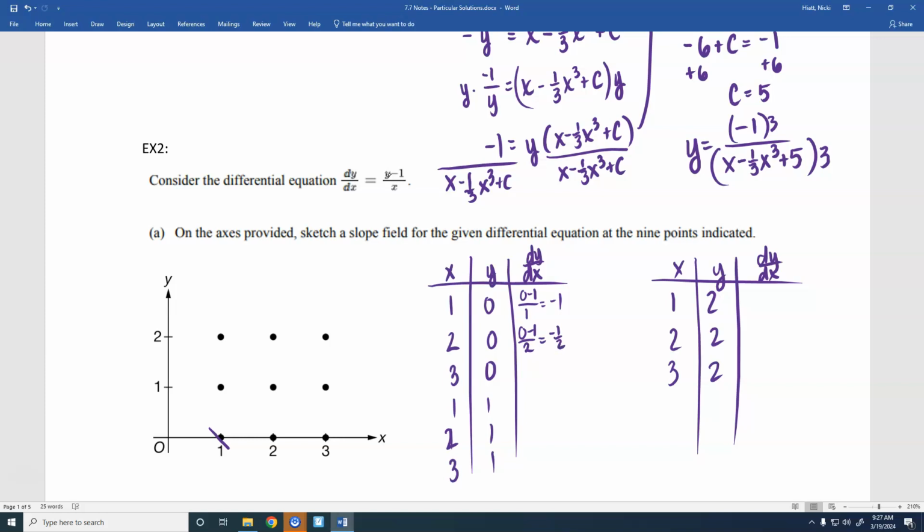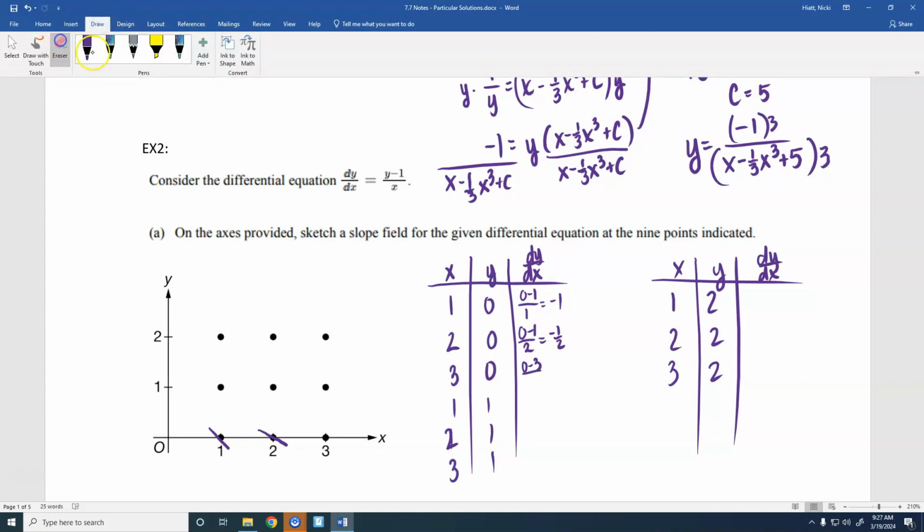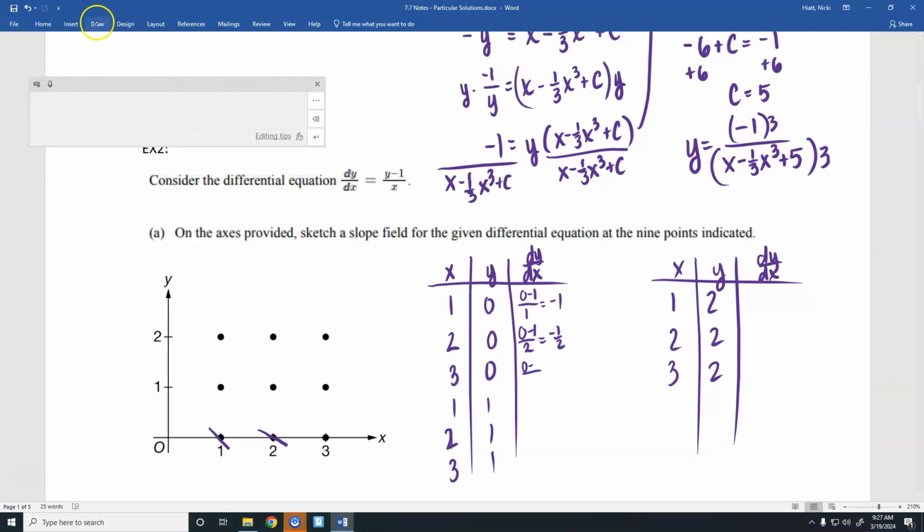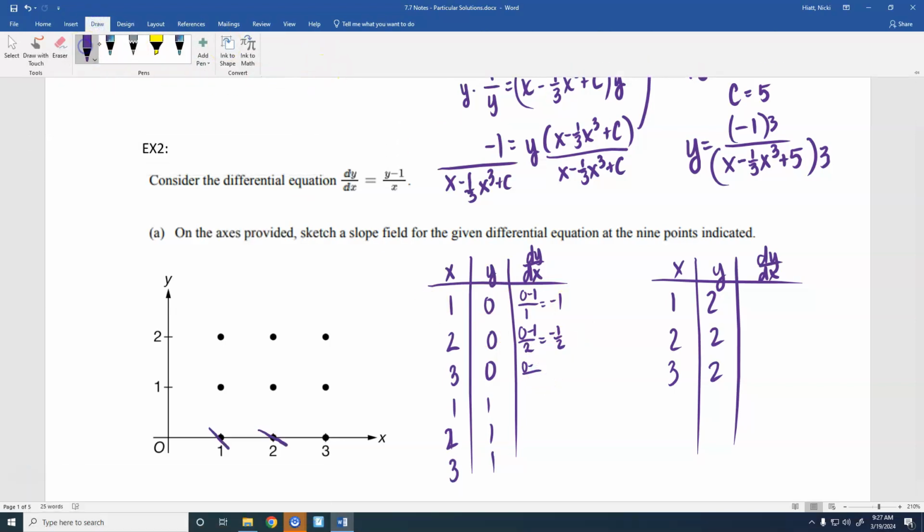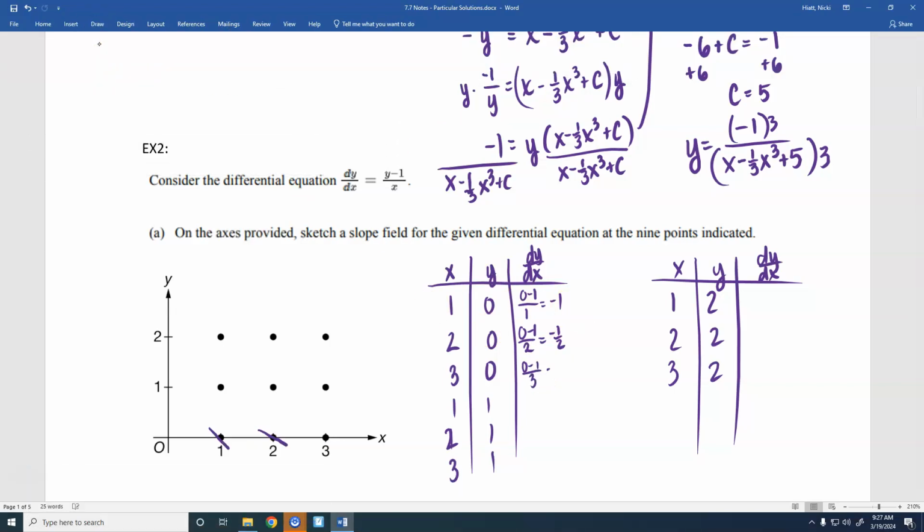And so that's going to be less steep than the one before it. And then for the third one, I'll get 0 minus 1 over 3, so negative 1/3, even a little less steep than the one before it.